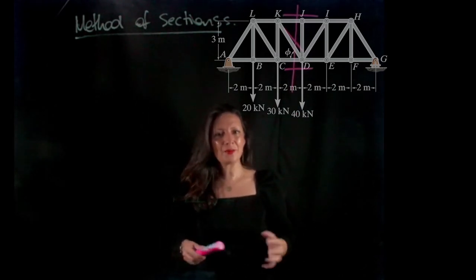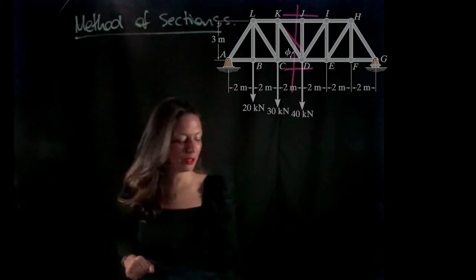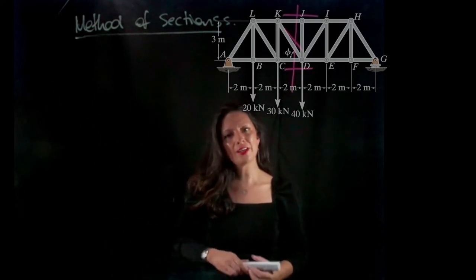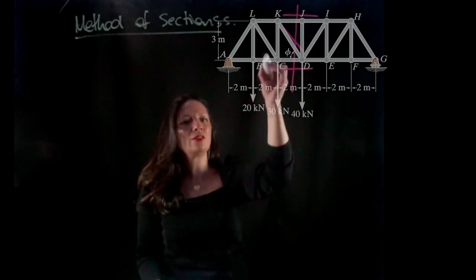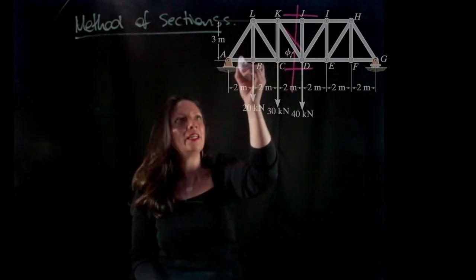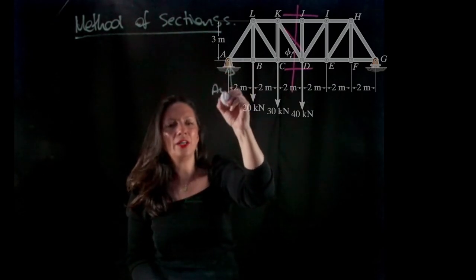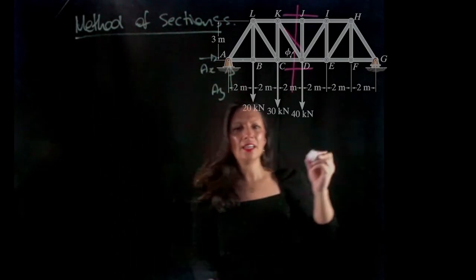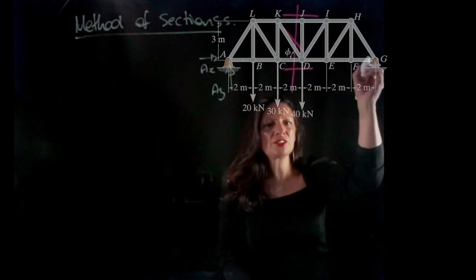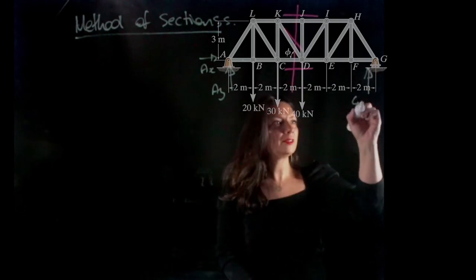But the first thing that we need to do in all these problems is make sure that our system is in equilibrium, and we need to find our reaction forces. So let's have a look at this. At A, we have a pin joint, so we're going to have AY and AX, and at G we have a roller, so we're just going to have GY.